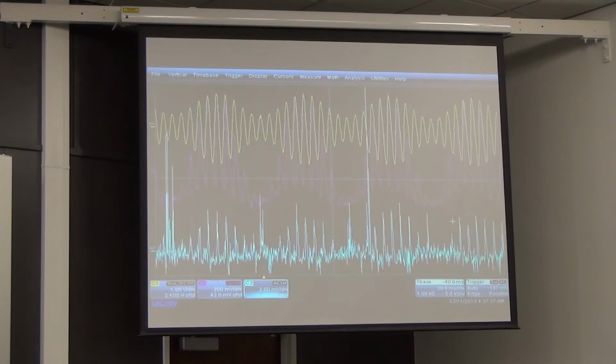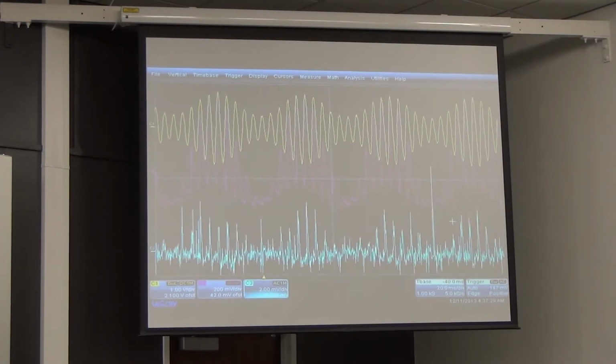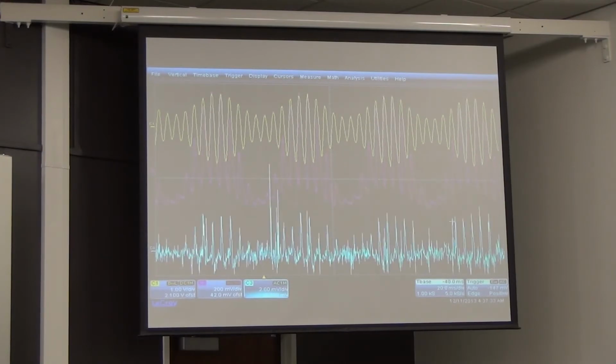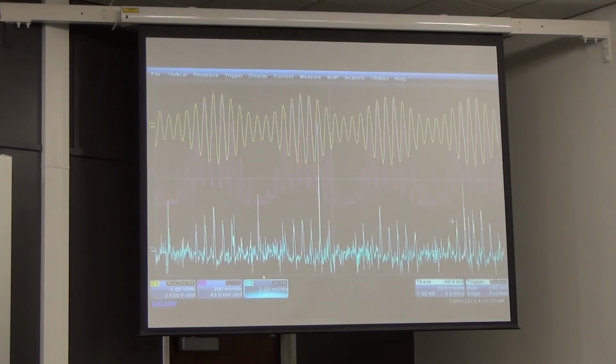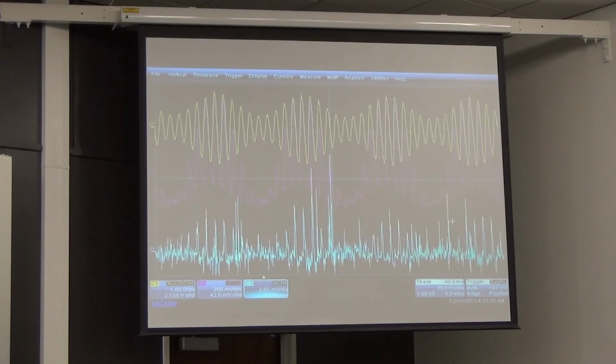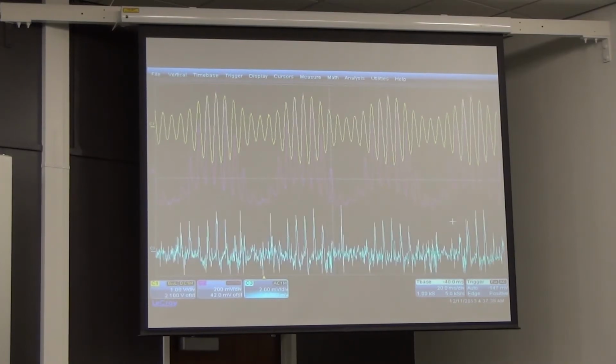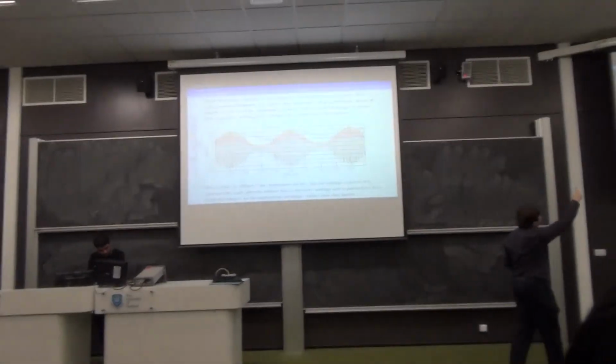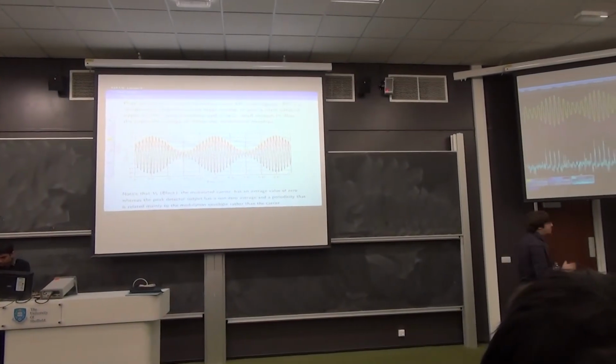The important thing is that if your time constant's too big, you'll miss out on a lot of information. In the region on this graph here, between 0.1 milliseconds and about 0.15 milliseconds, the envelope of the carrier, which is the wibble on top, is falling.